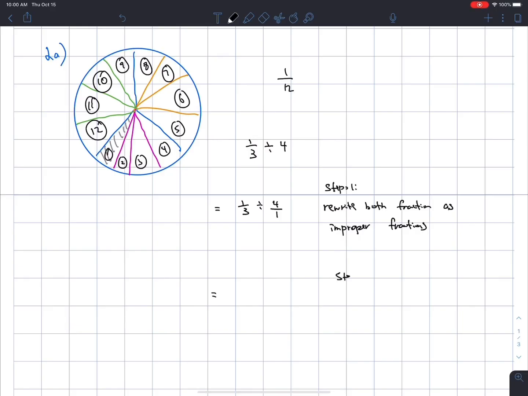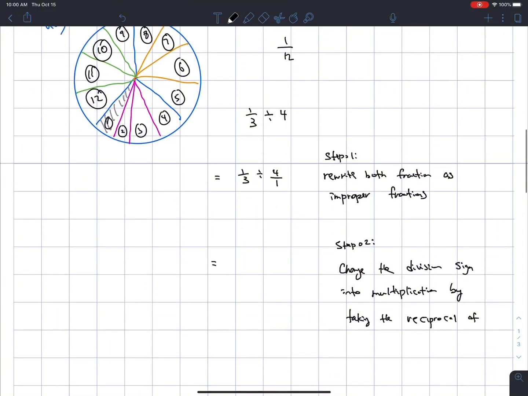Step 2, change the division sign into multiplication by taking the reciprocal of the second fraction.